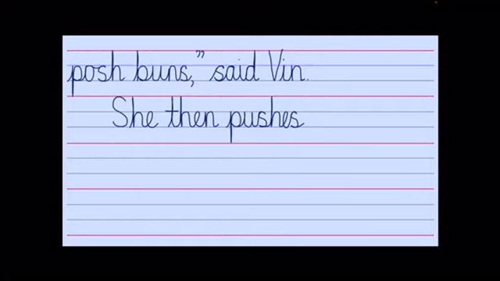And what was the other way of working out whether you need ES? Yes, it adds an extra syllable. She then pushes, next bit, her pram. Her emerald ring pram up to Trish's flat.